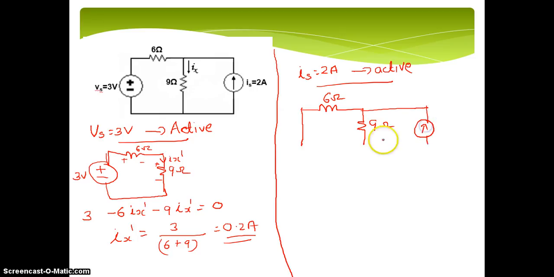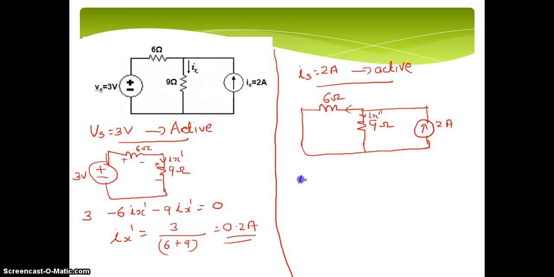So it is there. You have the 2 ampere current source. And you need to calculate the current Ix due to this source alone. So it is Ix double dash.